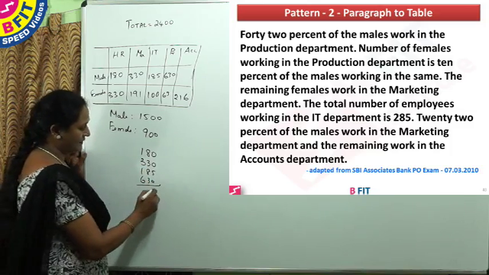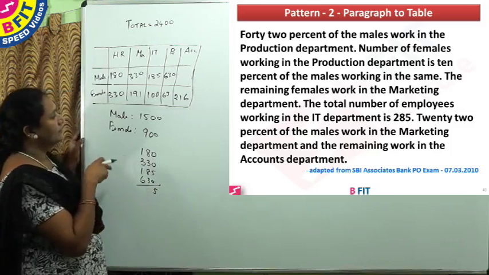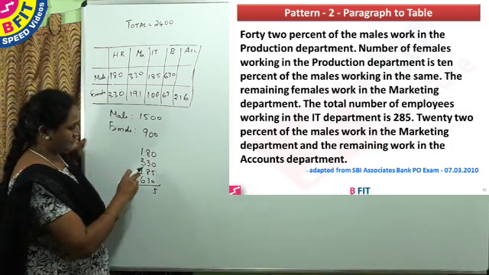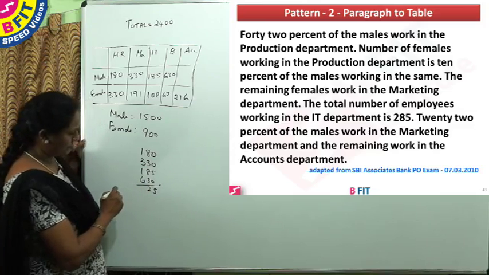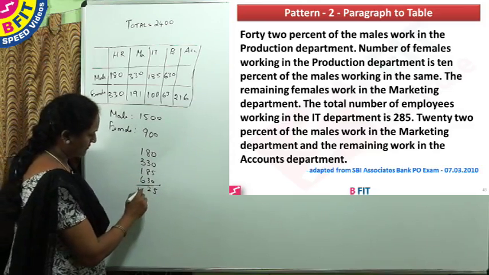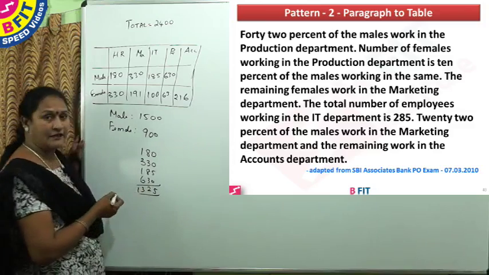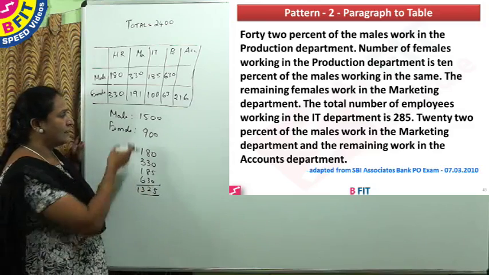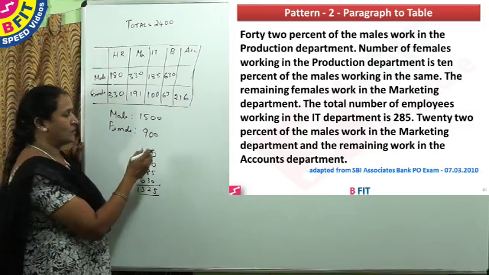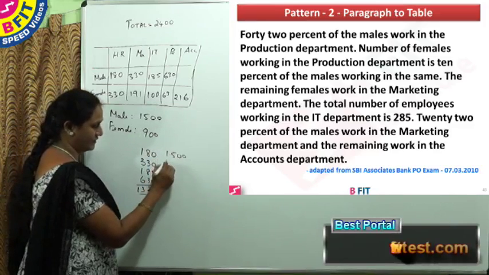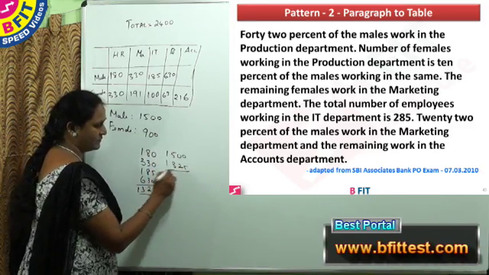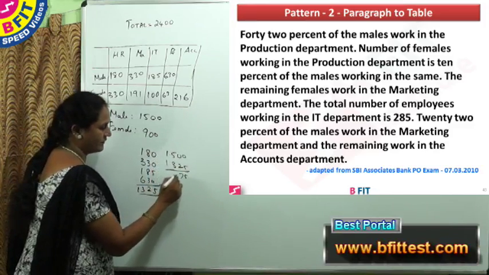Add all this data and subtract from 1500. The sum is 1325. So the remaining will be the number of male working in accounts department. Total number of male 1500, subtract, it is 175.